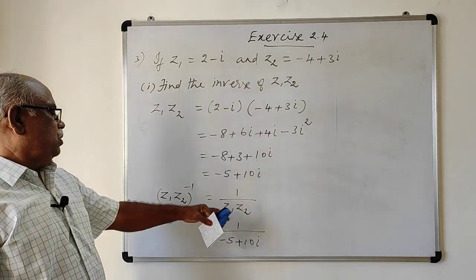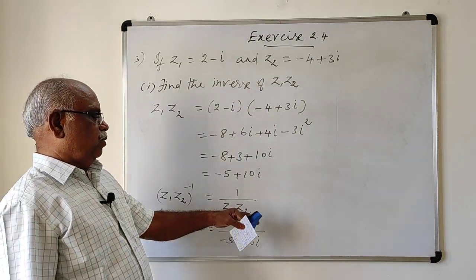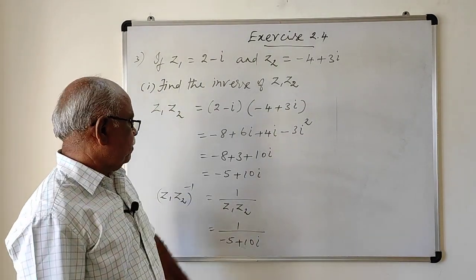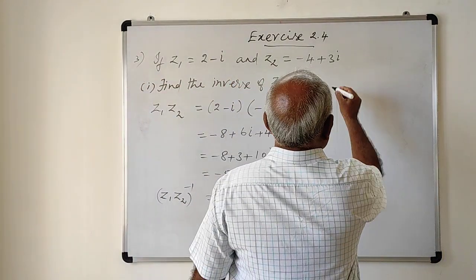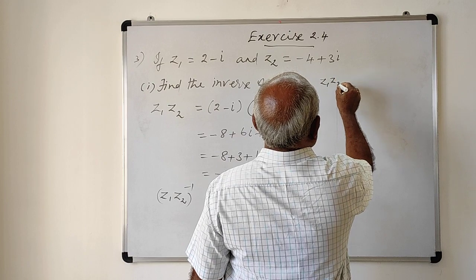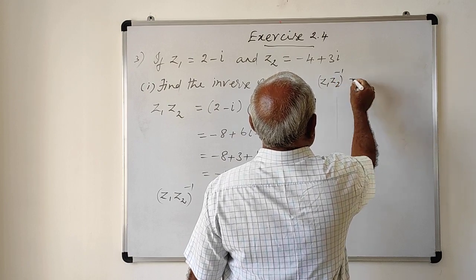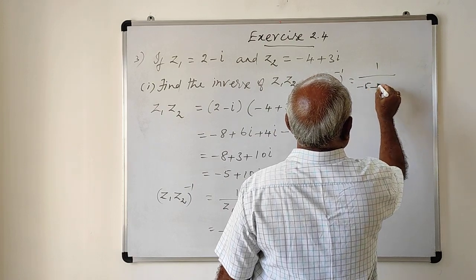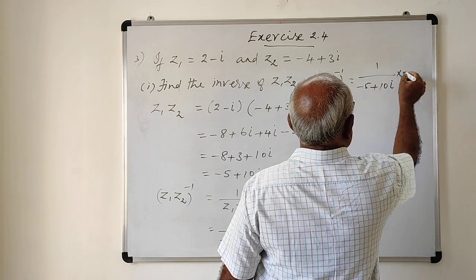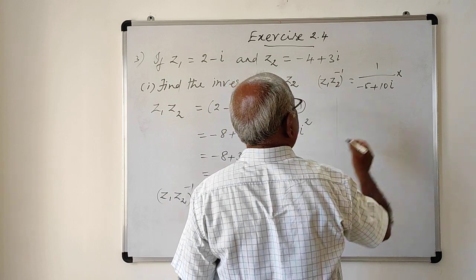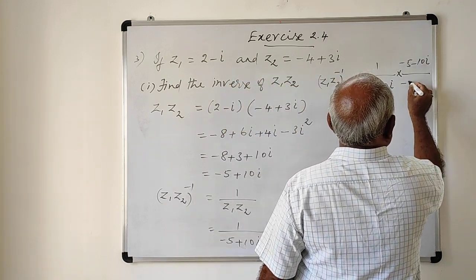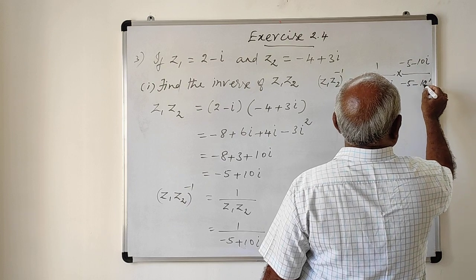To simplify this, we have to multiply both numerator and denominator by the conjugate of the denominator. So the inverse of z1 z2 equals 1 by minus 5 plus 10i, multiplied by the conjugate of the denominator, minus 5 minus 10i by minus 5 minus 10i.